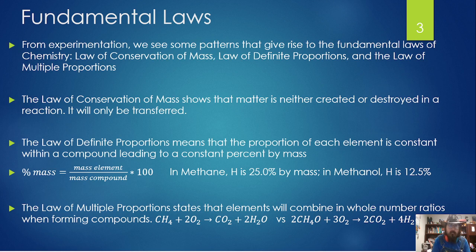The law of definite proportions means the proportion of each element is constant within a given compound, which will lead to a constant percent by mass. If water didn't weigh 18 every time, we would have trouble calculating this law of conservation of mass.